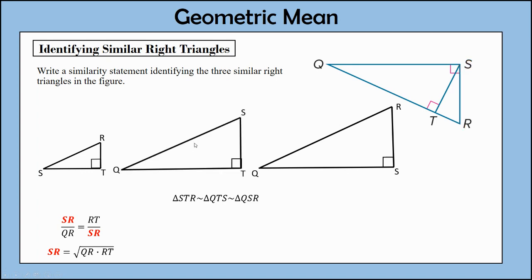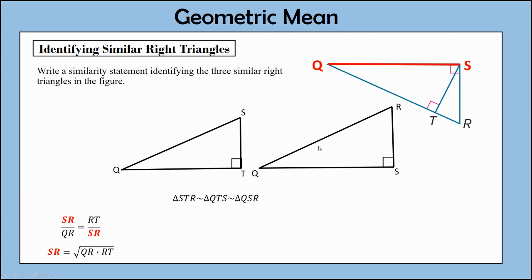All right, let's say we're trying to find QS. We learned yesterday in the theorem that QS would be equal to the square root of QR times QT. Now let's look at where that came from. Let's now eliminate the small triangle and look at this one. Remember, we're trying to find QS. So QS, which is the hypotenuse of this triangle, and QS, which is the side length of this triangle, that's the same segment.